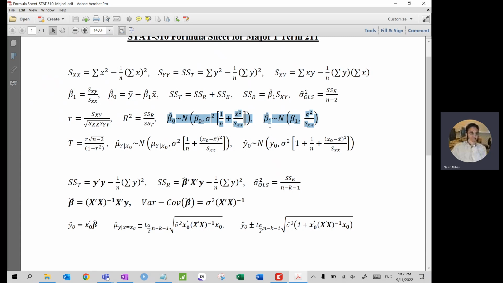Now, suppose in the exam I ask you to find the expectation of beta 1 hat, I will hide this component, the mean of beta 1 hat, which is beta 1 itself. I will give you the variance, but I will hide this component. But if I want you to use this one, I will give it to you.